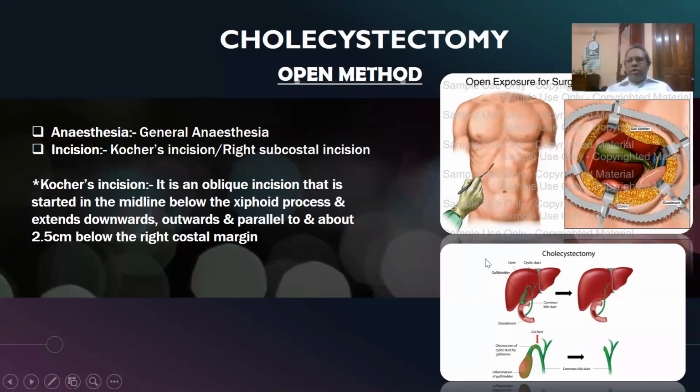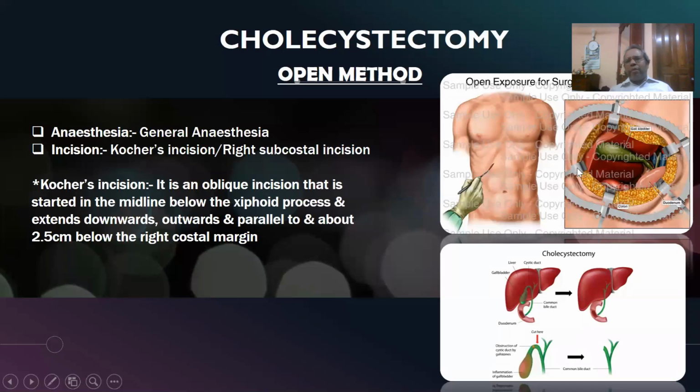After giving the incision, your plan is to remove the gallbladder. The first thing is to visualize the gallbladder area, by retracting the abdominal contents. You retract the parietal wall in the upper part and in the lower part, and you retract the viscera lying downward to the gallbladder.